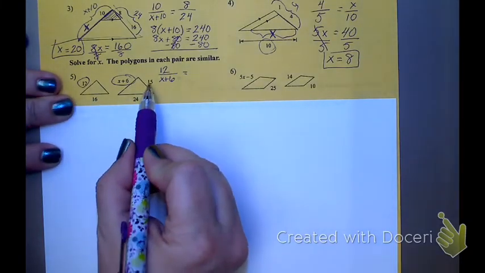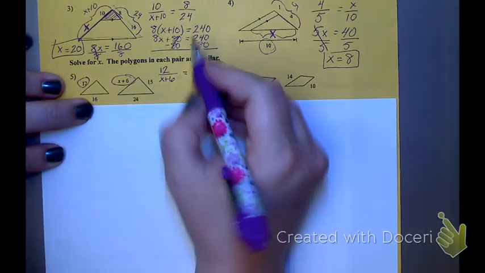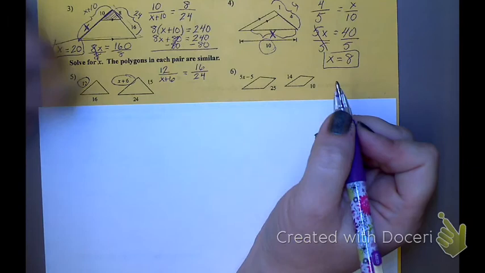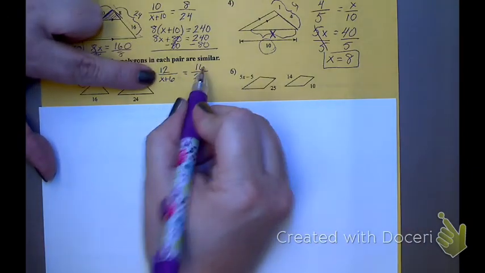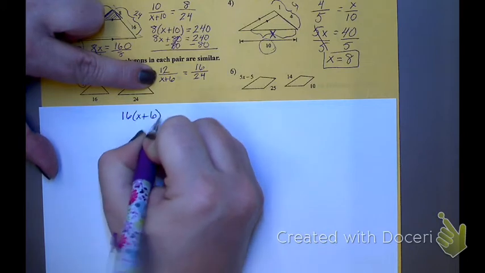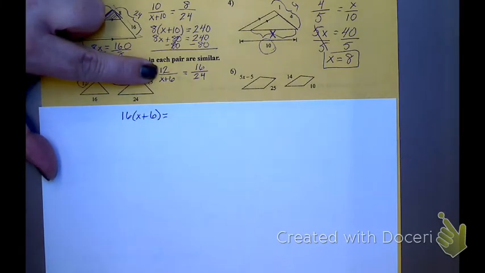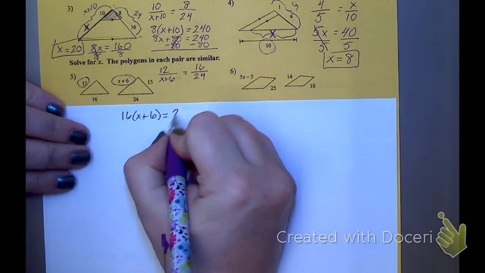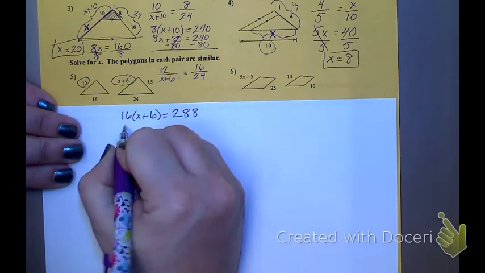Now there's nothing to go along with the 15, but I can set up 16 over 24 and go from there. So if I multiply 16 times x plus 6 and set it equal to 12 times 24, I get 288, and I'm going to solve from there.